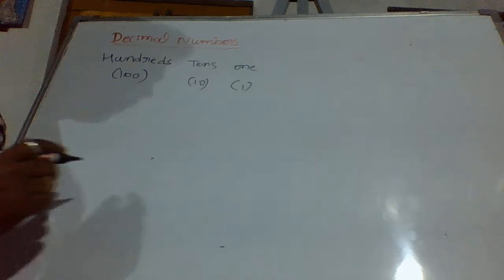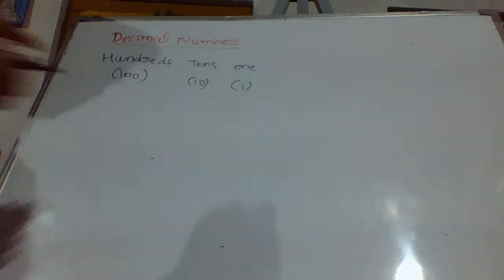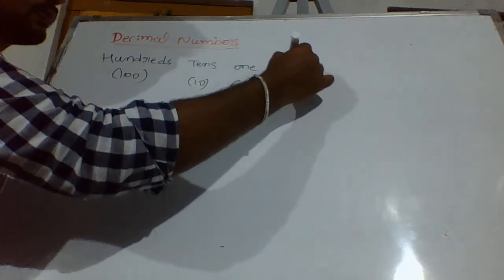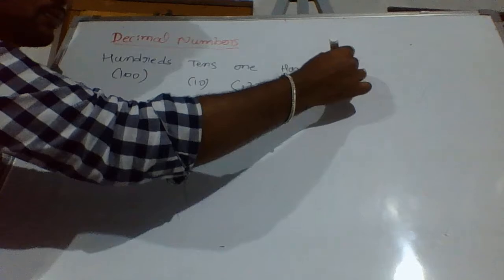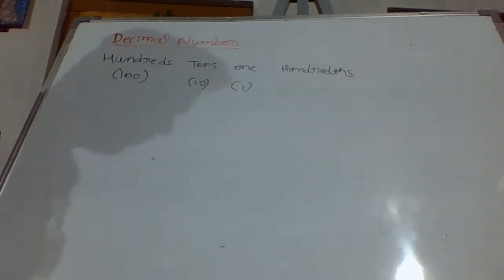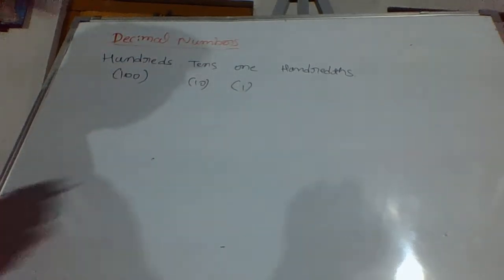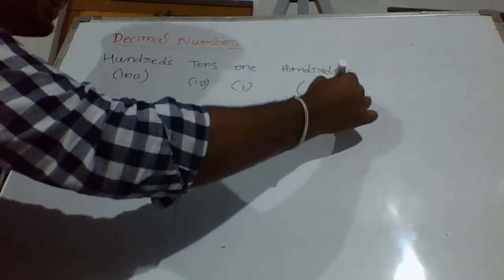Next they have given tenths, hundredths, and thousandths. Hundredths means 1 by 100 place.